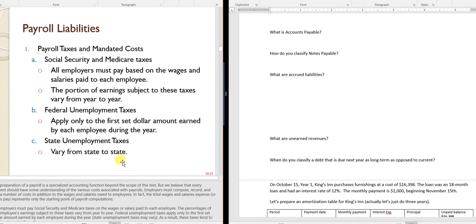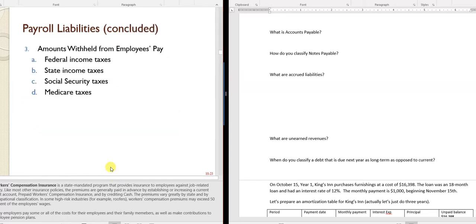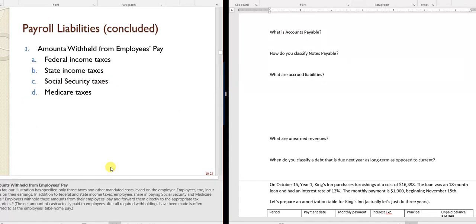So this will be taxes payable, unemployment taxes payable, etc. Workers' compensation is paid by employers, so you're going to have that payable. Then other things that employers pay for you, health insurance, life insurance, they might also pay into a pension plan or profit sharing plan. Things withheld from the employee's pay are taxes, and so instead of paying them to you, the employer withholds them and pays them to the government.